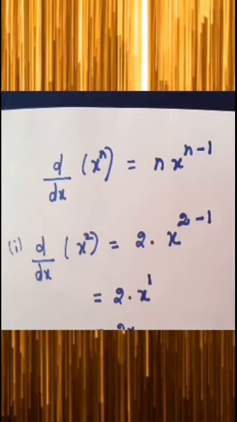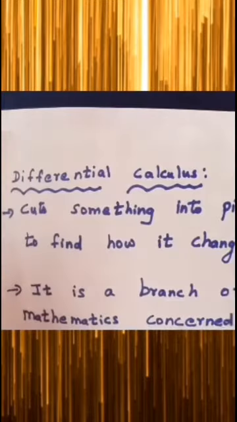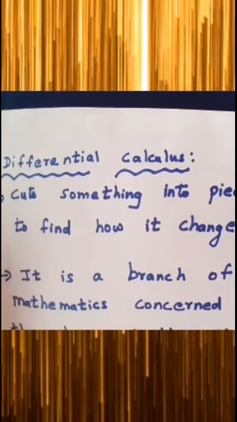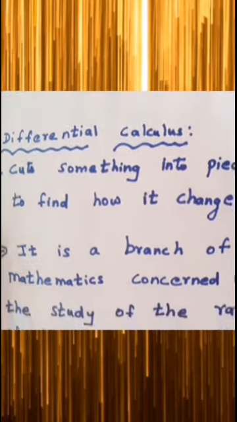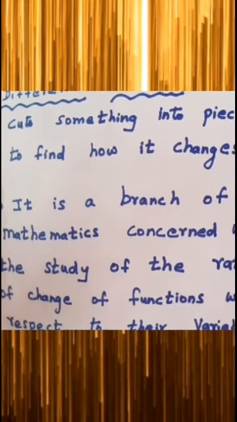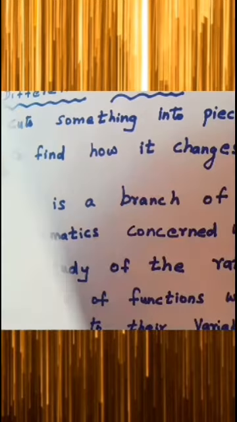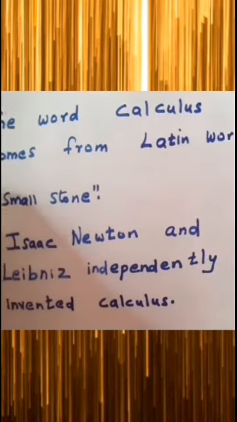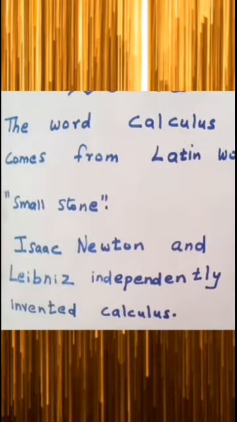And we discussed the meaning of differential calculus. Differential calculus is nothing but cutting something into pieces to find how it changes. It is a branch of maths which deals with the study of rate of change of functions. The word calculus comes from the Latin word for small.